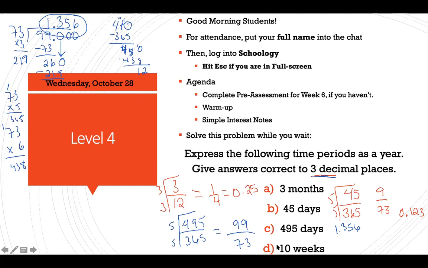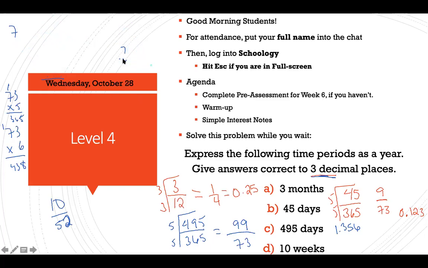So what we're going to do is 10 over 52, and we're going to reduce this fraction in order to help us figure out the decimal version of this weeks. All right, so we have 10 over 52. Let me erase here so I don't have things running. Okay. So all we're going to do is reduce by?